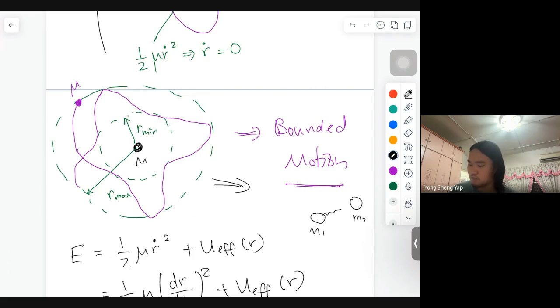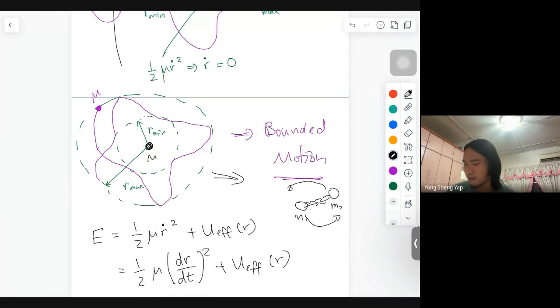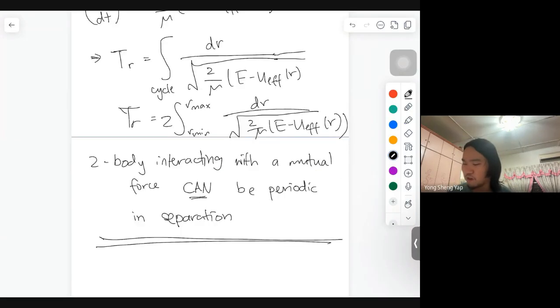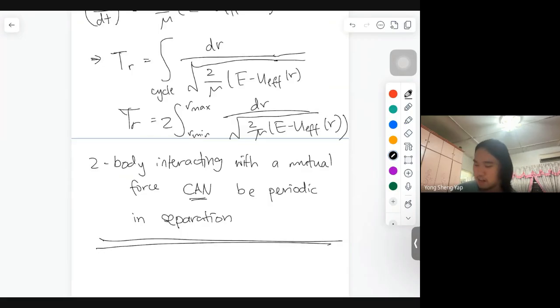Instead of just orbiting around each other, they can also oscillate, and as they go around each other, the periods can be easily found by this integral over here. Not necessarily saying that you need to know how to do the integral, but the periods between oscillations can be found.